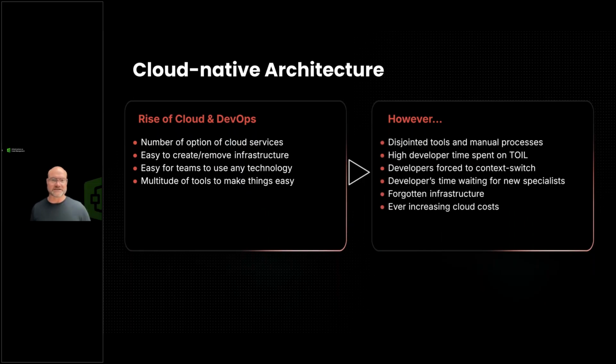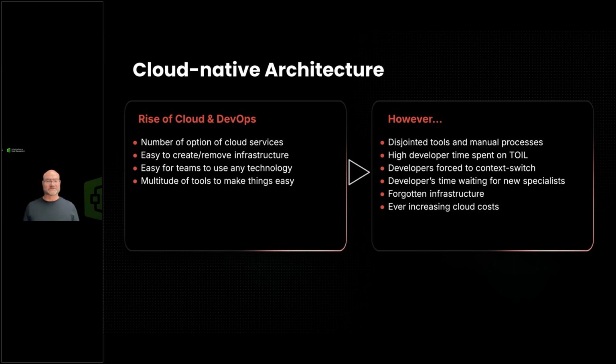I'm sure many of us have seen the disjointed tools and the manual processes still existing. We can see high developer time spent on toil and repetitive tasks. Developers often face a context switch very quickly between writing application code, spinning into some YAML, running off to write some Terraform or Tofu, and the impact that has then within their actual development time.